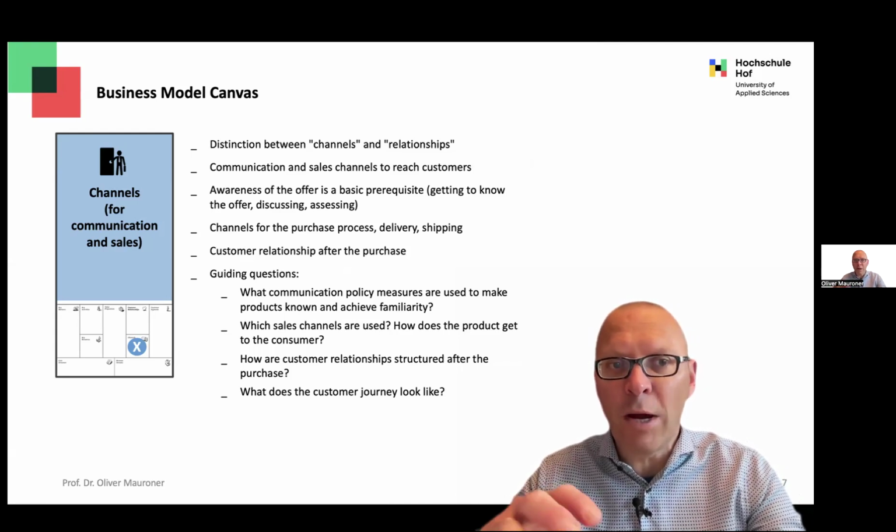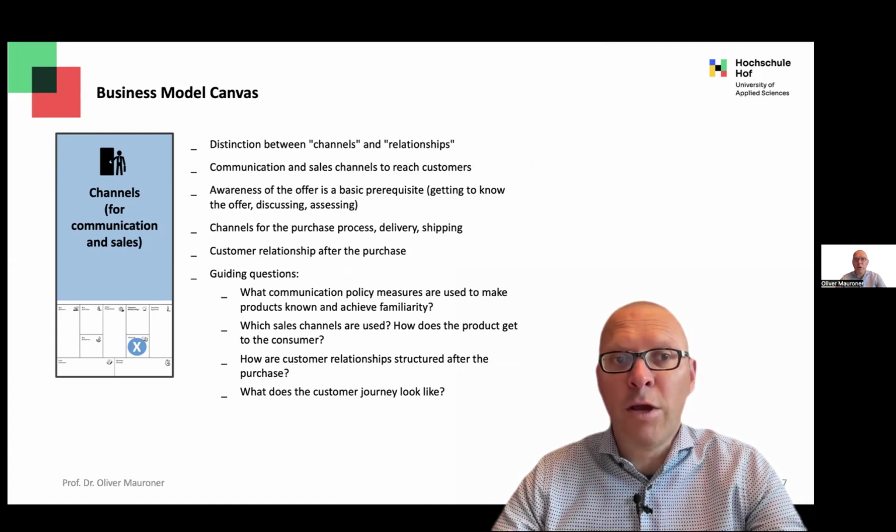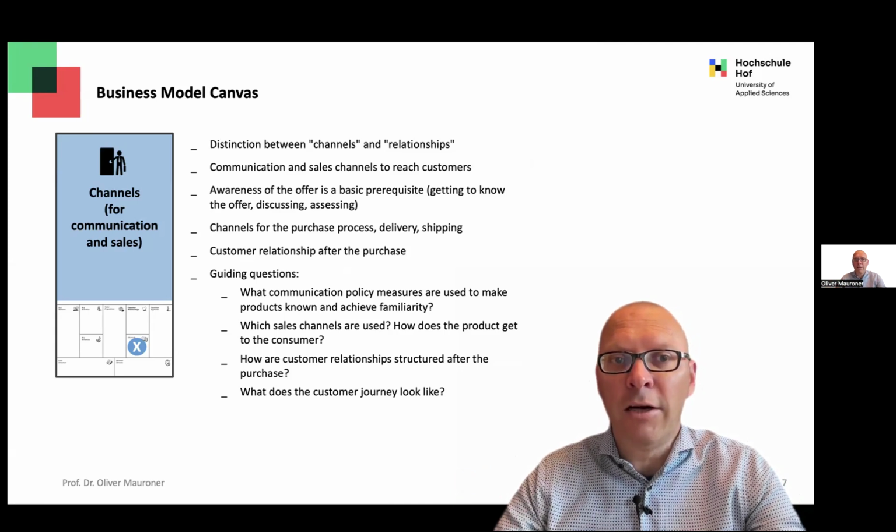So choosing the right channels and the right purchase process and the right after-sales process also, that all ensures an effective and smooth customer journey, which is very crucial for the beginning of a long-term loyalty of the customers.